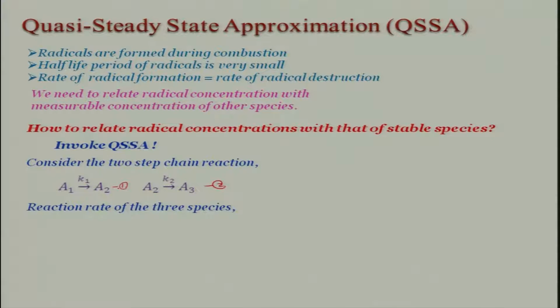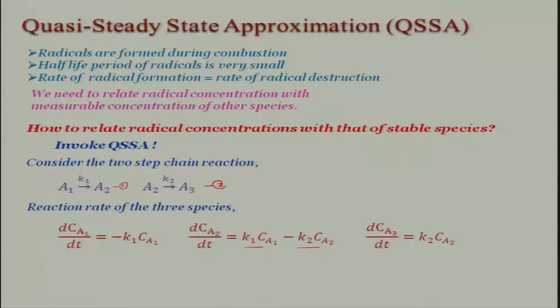Now, for the reaction rates of these 3 species, dCA1/dt is nothing but minus K1 CA1, right, and dCA2/dt is nothing but K1 CA1 minus K2 CA2, because the first term is coming from reaction 1 and the second is from reaction 2.